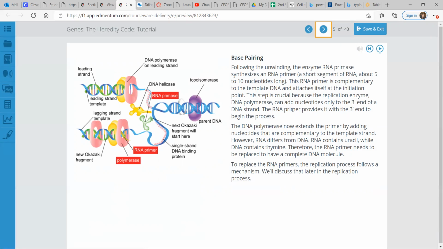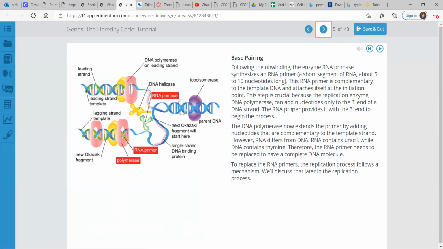Base pairing. So after unwinding, the enzyme RNA primase synthesizes an RNA primer, a short segment of RNA about 5 to 10 nucleotides long. This RNA primer is complementary to the template DNA and attaches itself at the initiation point.